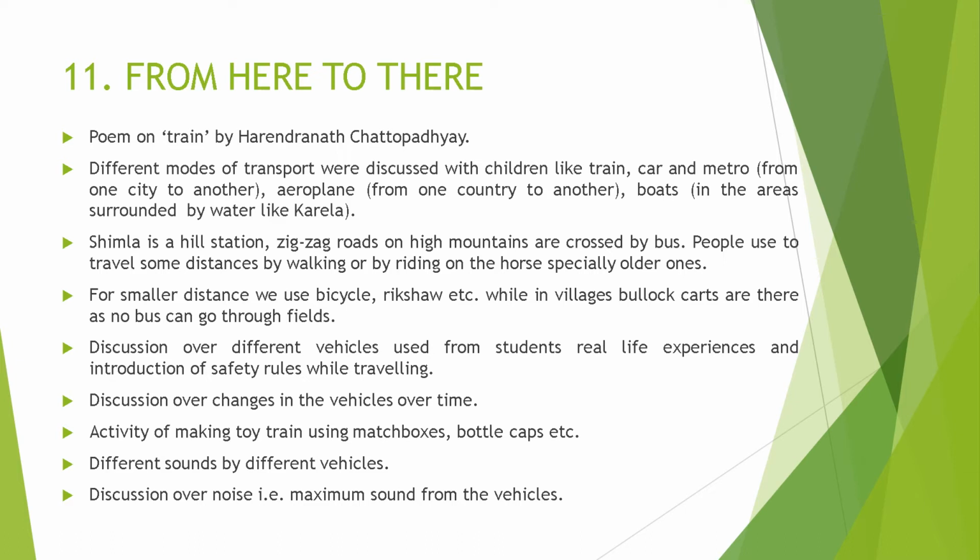Boats are used in areas which are surrounded by water, like Kerala. In the next point, Shimla is given, which is a hill station. Here, we can find zigzag roads on high mountains crossed by bus. People used to travel some distances by walking or by riding on a horse, especially those who are older.